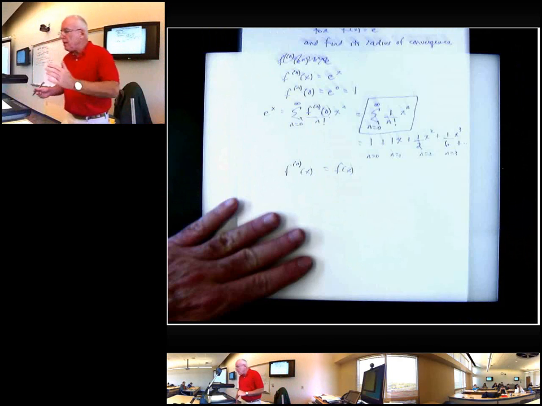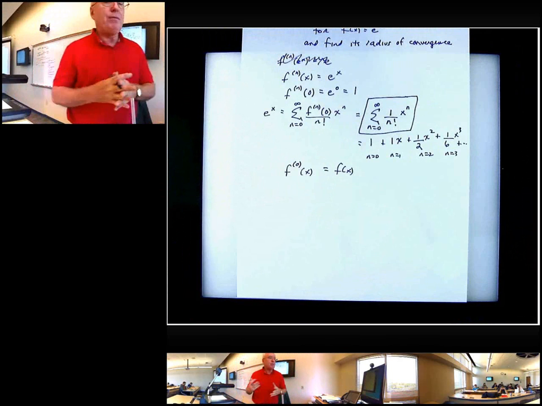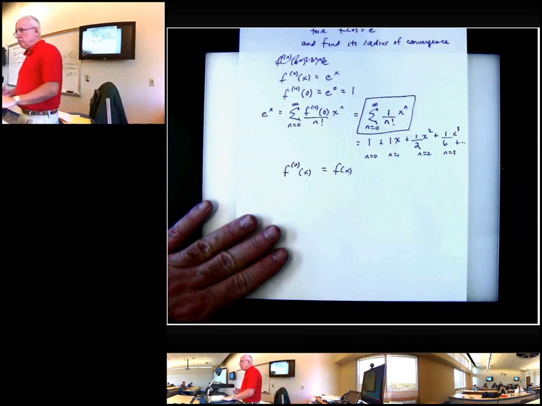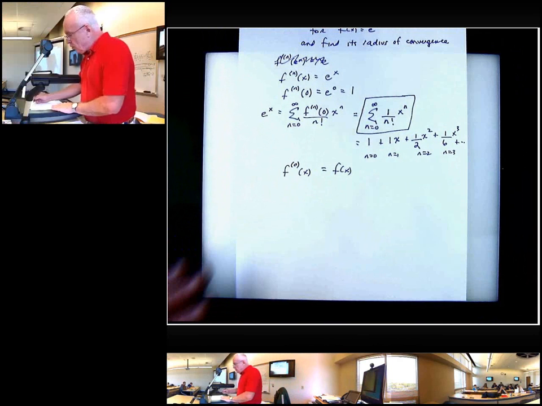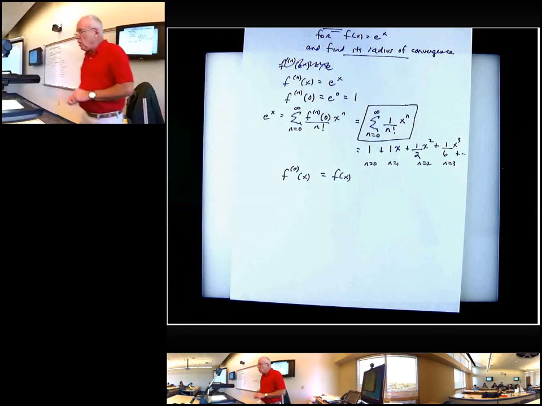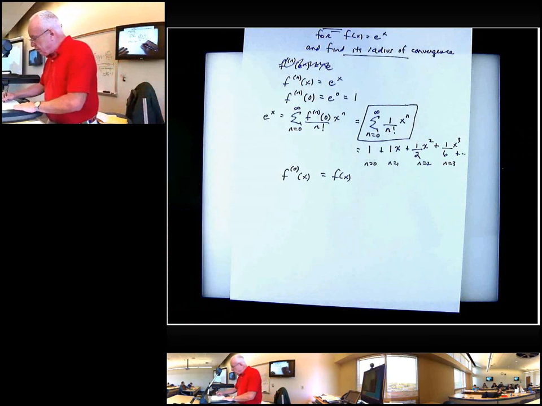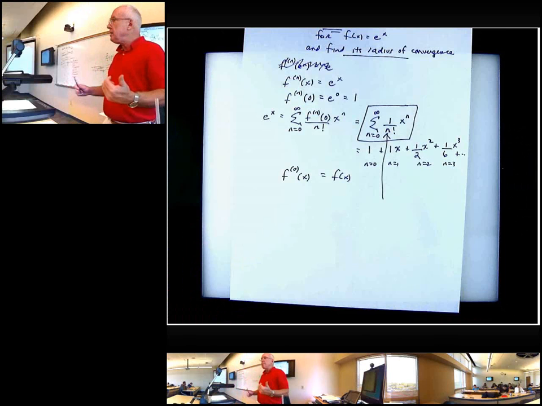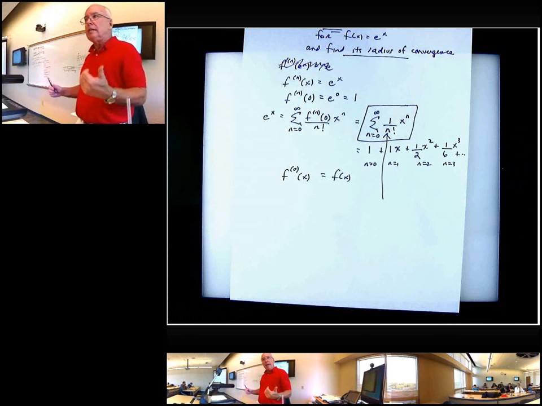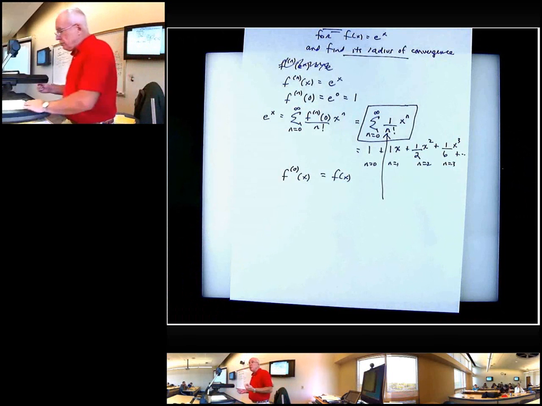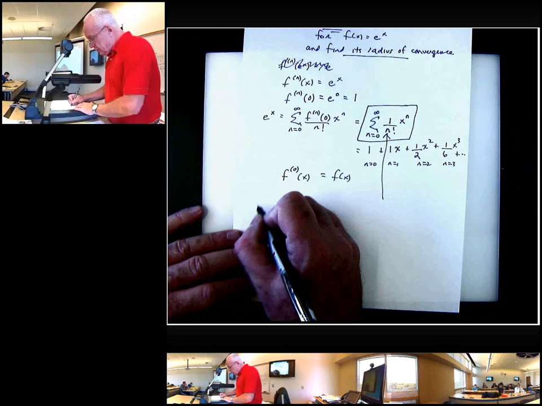All right, so any question about, first of all, how we found the Maclaurin series representation of this? Now, the second question is find its radius of convergence. So we've got a factorial here. My handout on strategy says when you've got a factorial, you might want to look at the ratio test. So we're going to do the ratio test here.